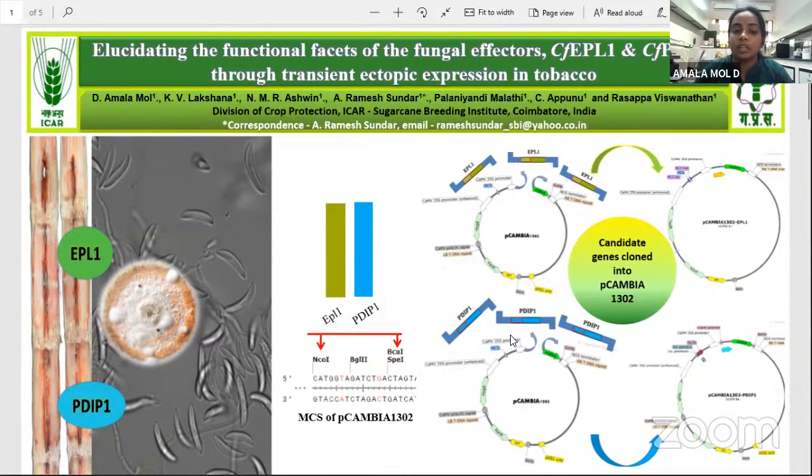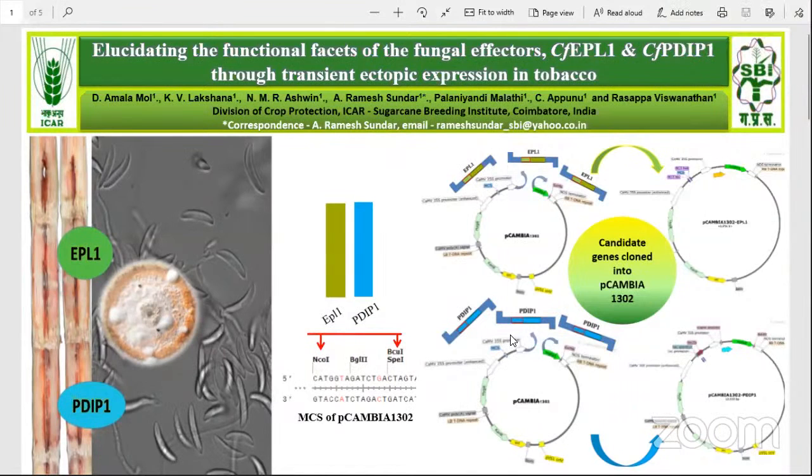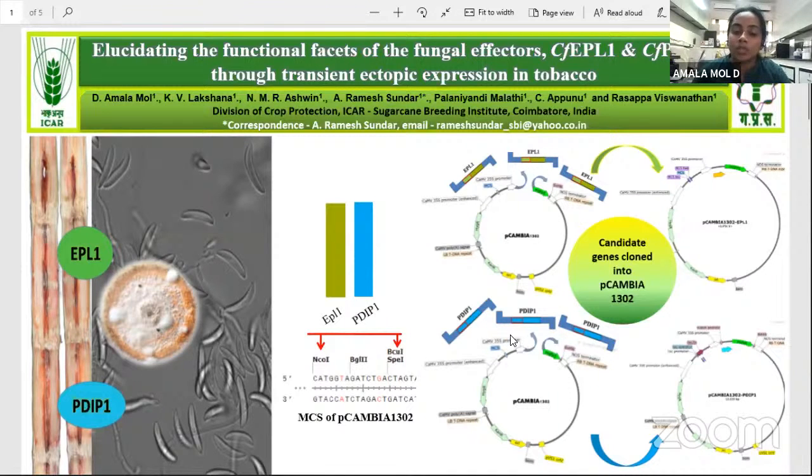To begin with, the protein coding regions of EPL1 and PDAP1, together with the signal peptides, were amplified from the cDNA of a well-sporulated culture of the virulent isolate, and the amplicons were cloned into the MCS of pCAMBIA 1302, which is a plant-based binary vector.